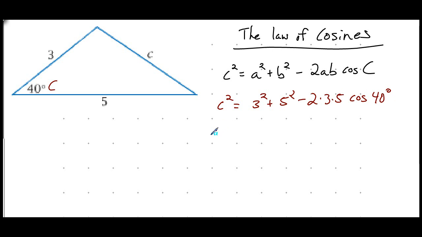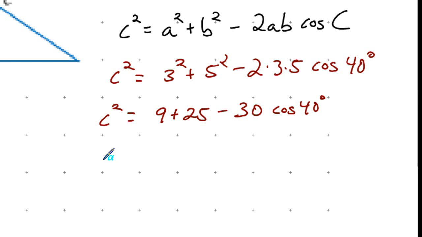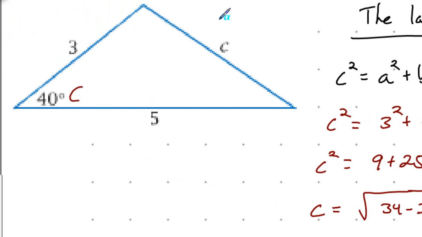So c squared is equivalent to 9 plus 25 minus 30 times the cosine of 40 degrees. Since this is c squared, I need to take the square root of both sides, so I'm left with c equivalent to the square root of 34 minus 30 cosine of 40 degrees. After using the decimal approximation, that comes out to roughly 3.32. So this side length here has a value of 3.32.